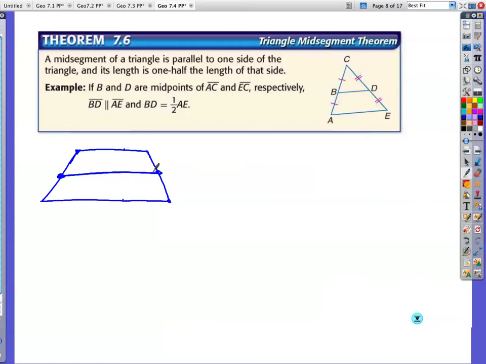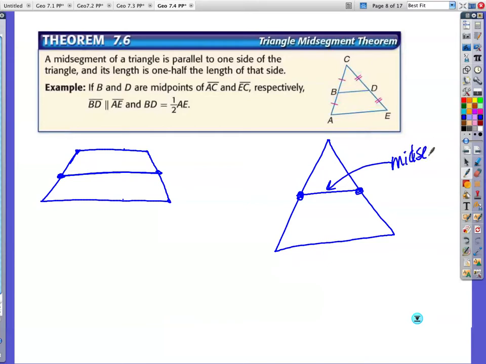A mid-segment of a triangle is not much different. You find the midpoint of one side, the midpoint of the other side. That is your mid-segment. Make sure a picture like this gets in your notes. I'm going to put little markings to show that that's the middle, and over here for this being the middle.